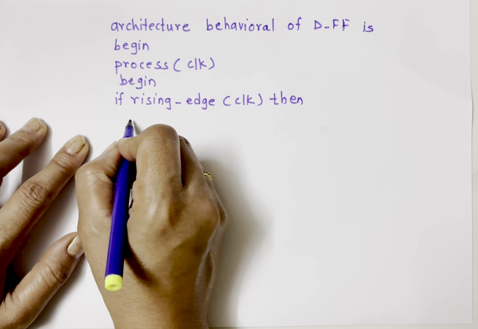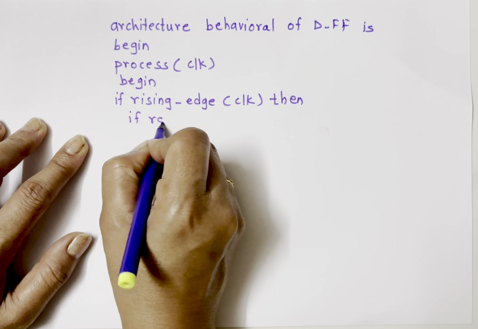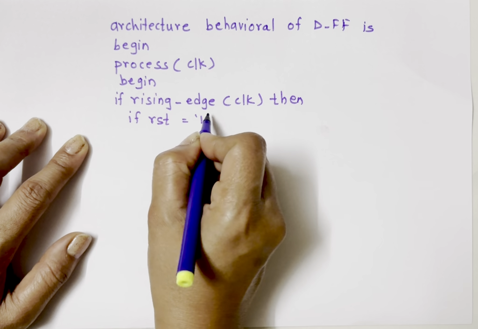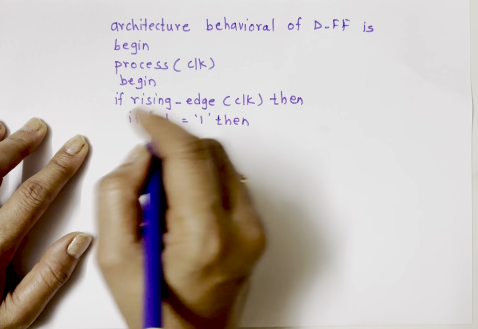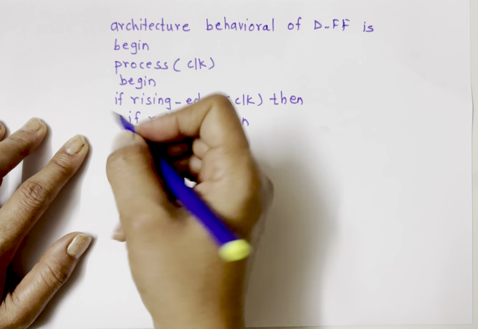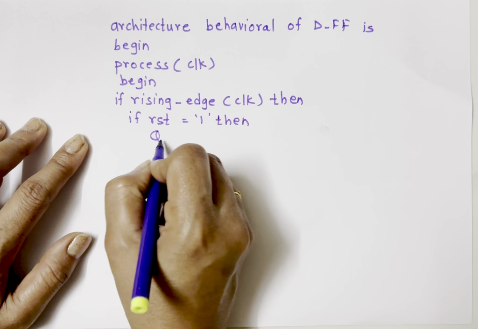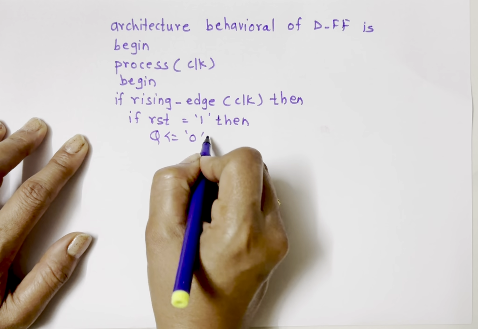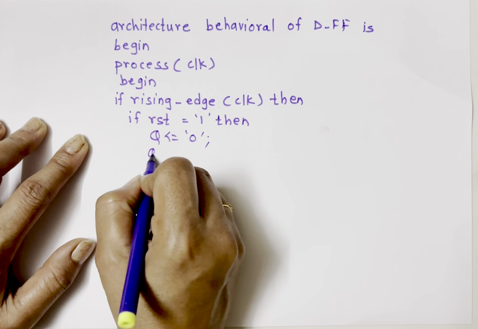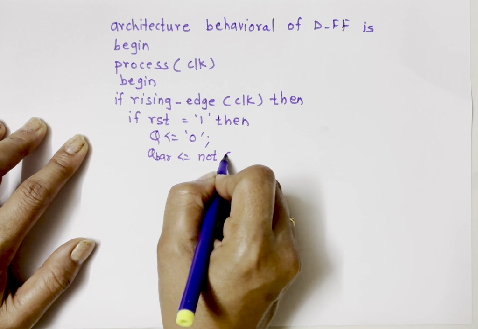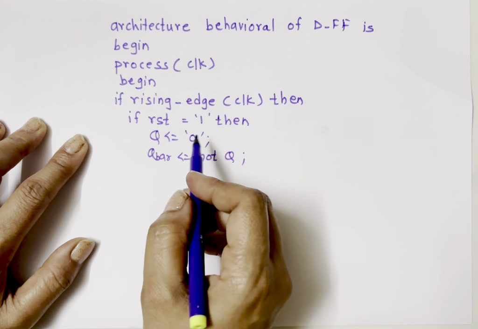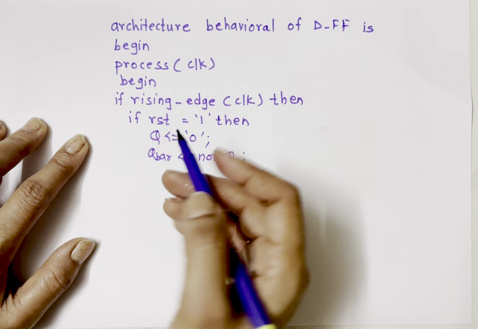So if reset is equal to 1, then once the rising edge comes, it will check the value of reset. If reset is 1, then automatically this Q will become 0 and Q bar will become not of Q. So if reset is 1, then Q is 0.